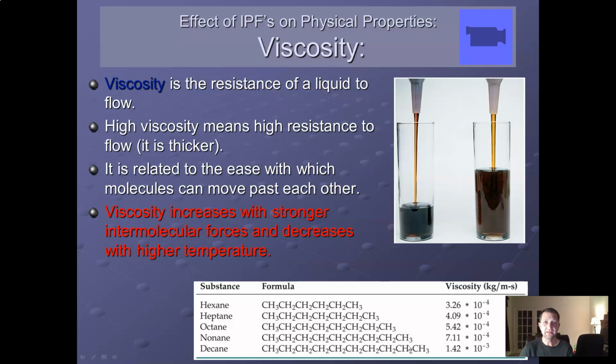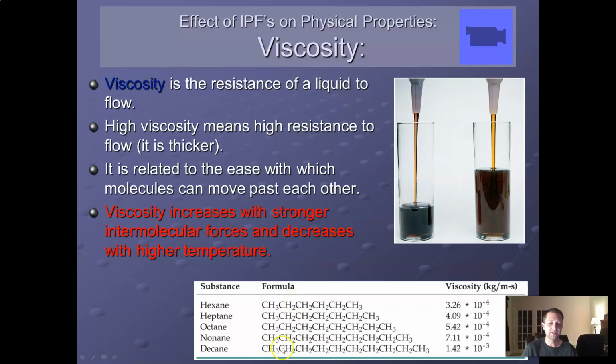So from our previous lesson, if you have a longer alkane chain, and therefore there's more mass here as well, if you have another decane near this, it's going to have a stronger attraction than if you had 2 hexane molecules next to each other, okay?